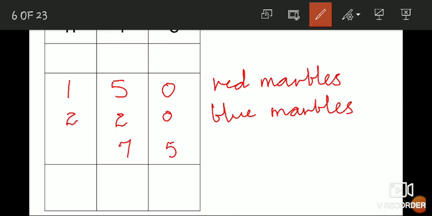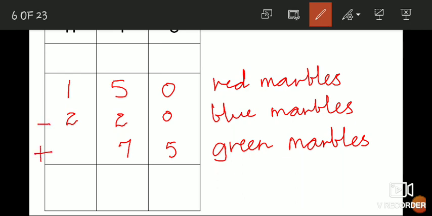So see how you're placing the number 75, green marbles. Okay, now something is missing. You have to put your addition sign without fail. Okay, now let us add.